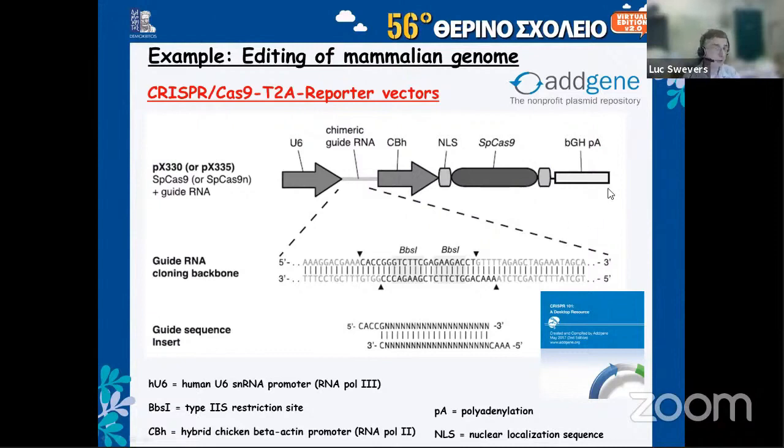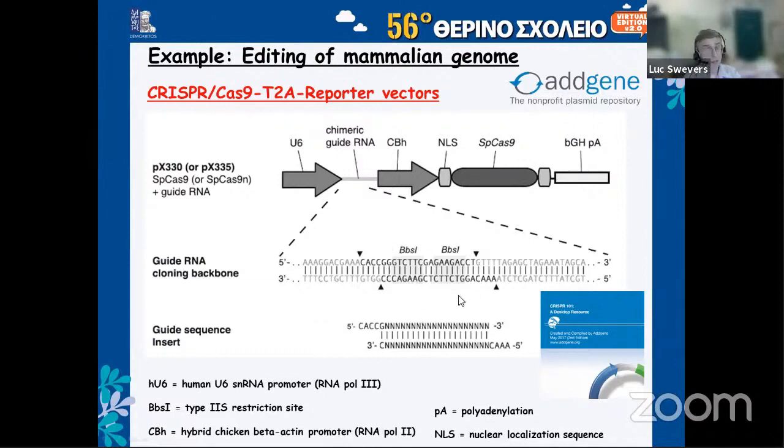slide. You have an RNA polymerase expression cassette which expresses the Cas9 protein, which is fused to nuclear localization signals to get the protein into the nucleus. And second, there is an RNA polymerase 3 expression cassette which expresses the single guide RNA. The single guide RNA, of course, you then need to modify. You have to clone in the target sequence for making the double-stranded DNA break in the genome.